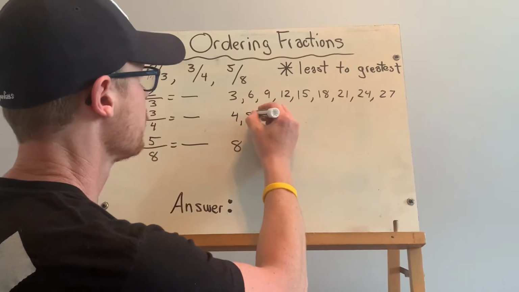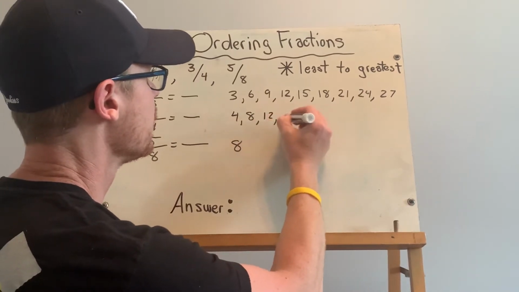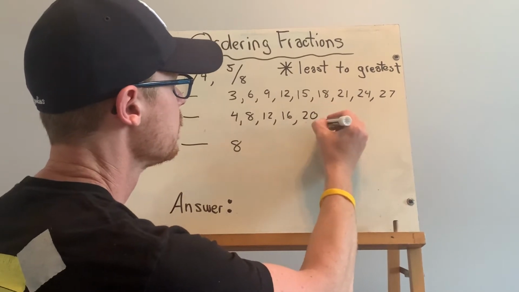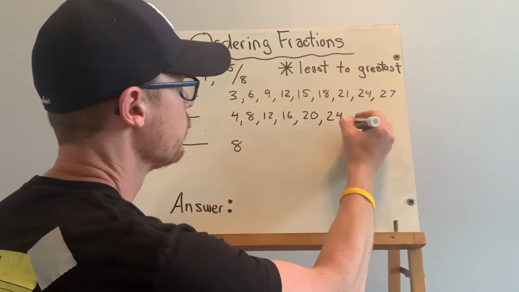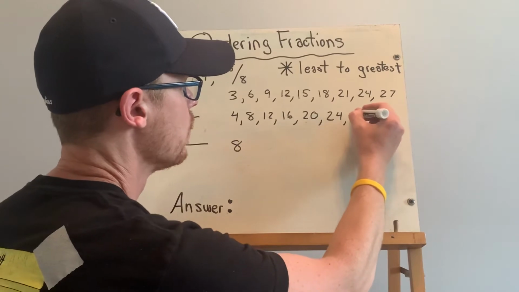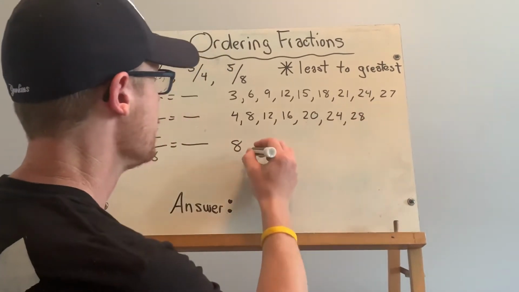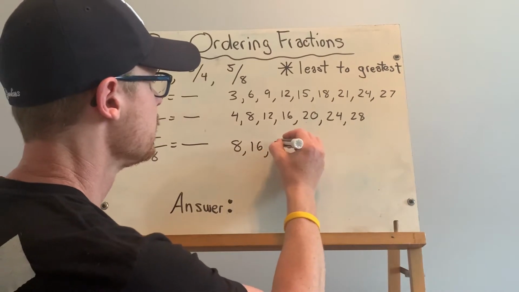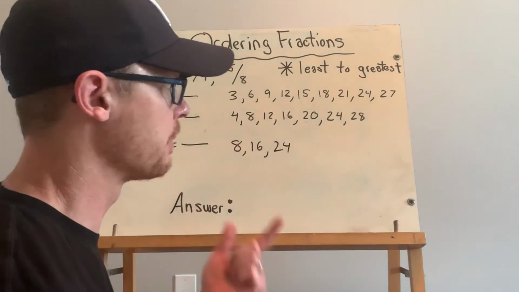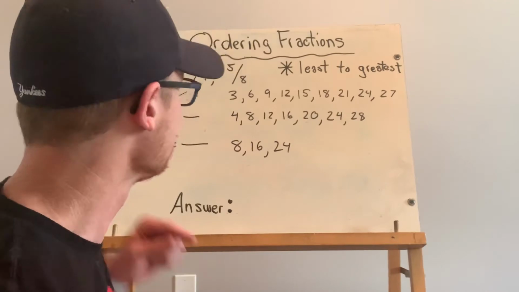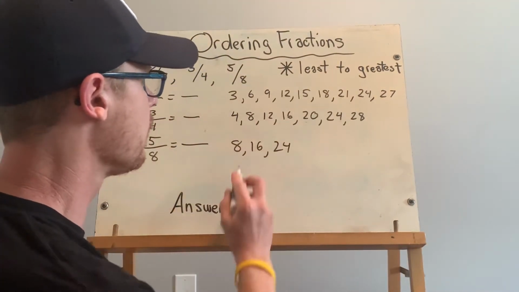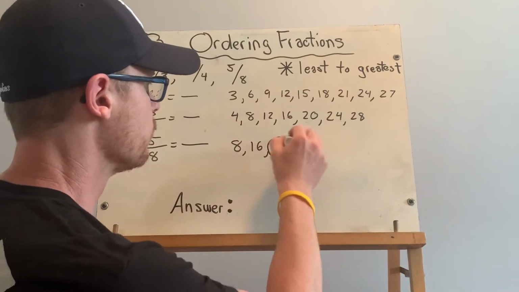So we have 4, 8, 12, 16, 20, and then 24. Do one more, 28. All right, and then lastly, multiples of 8 are 8, 16, 24. And I'm going to stop right there, guys, because I found a common multiple for 3, 4, and 8. And the lowest common multiple that they all have in common is 24.